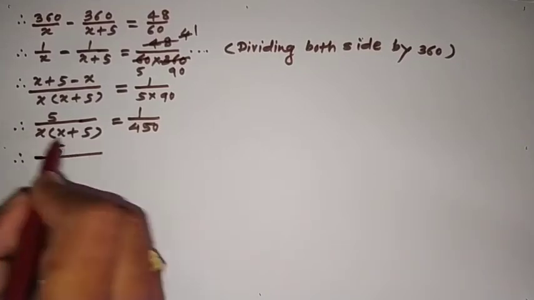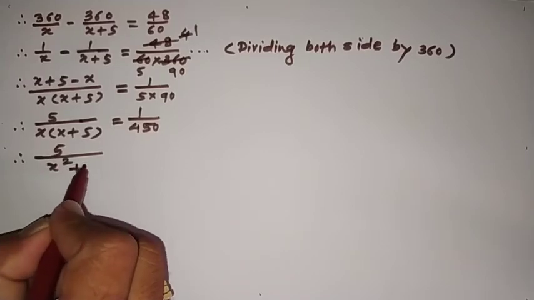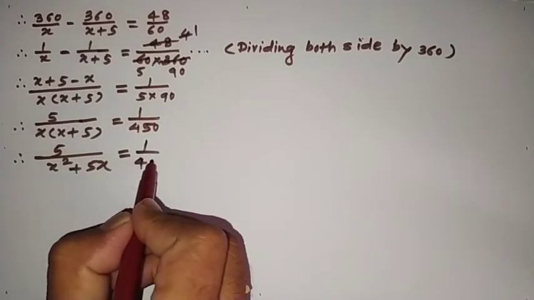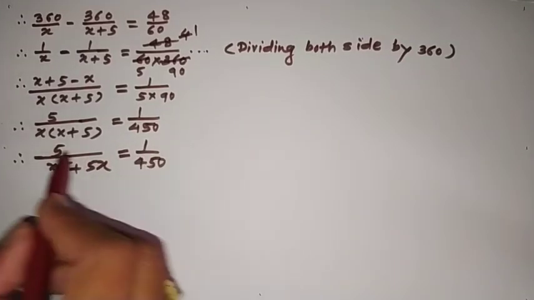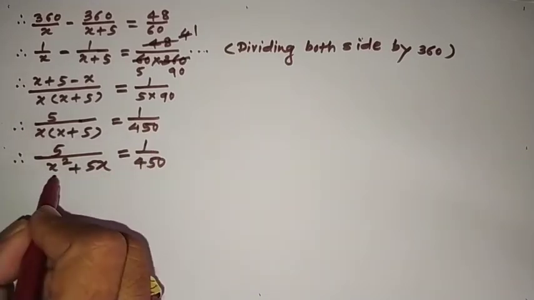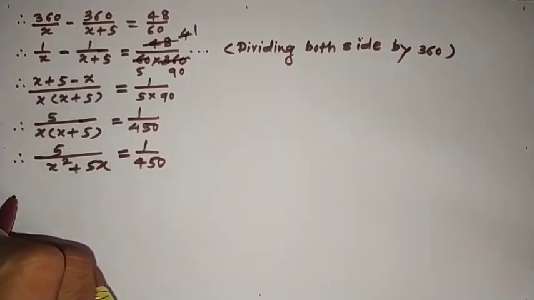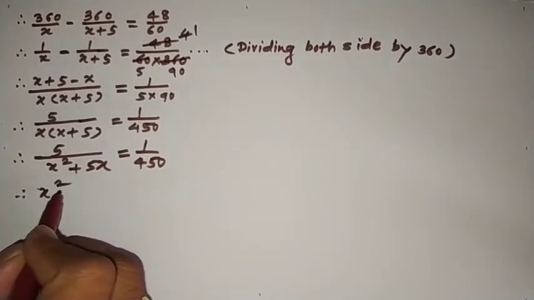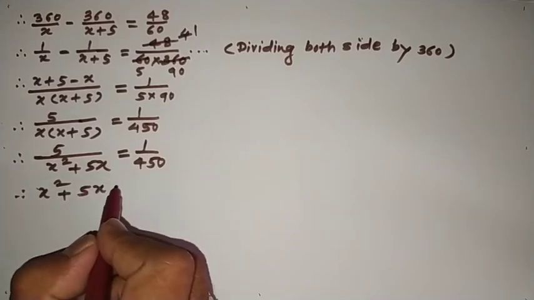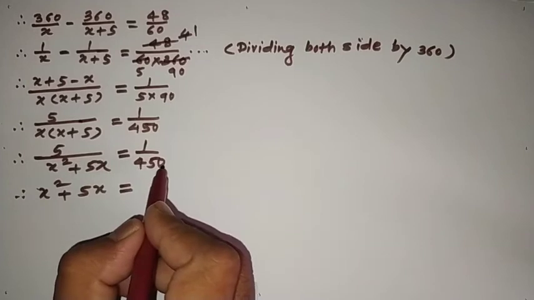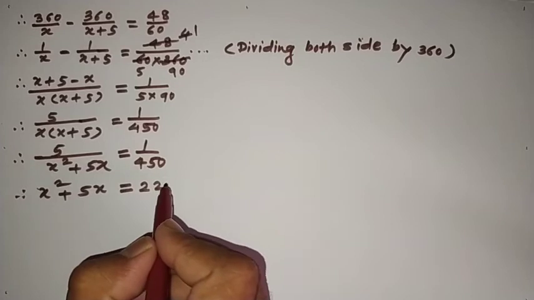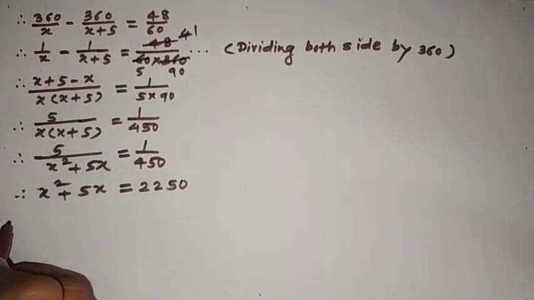5 upon x into x square plus 5x is equal to 1 upon 450. By cross multiplication, x square plus 5x into 1 is equal to 5 into 450, which is 2250.